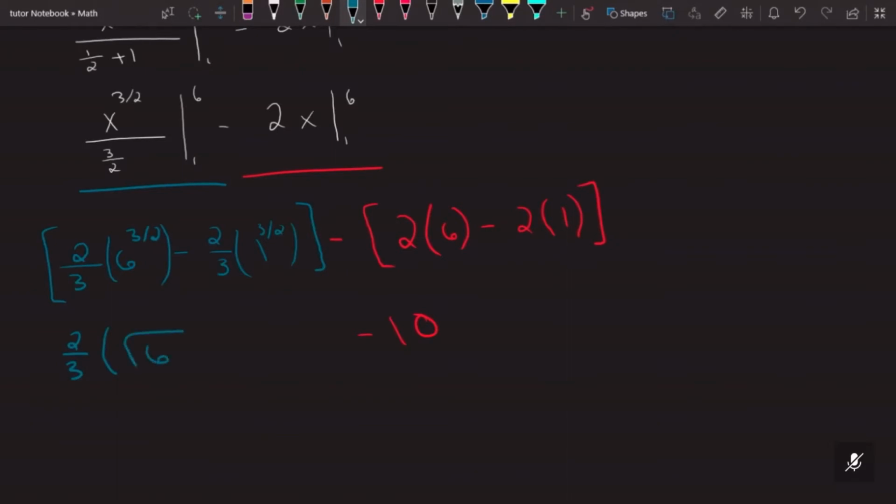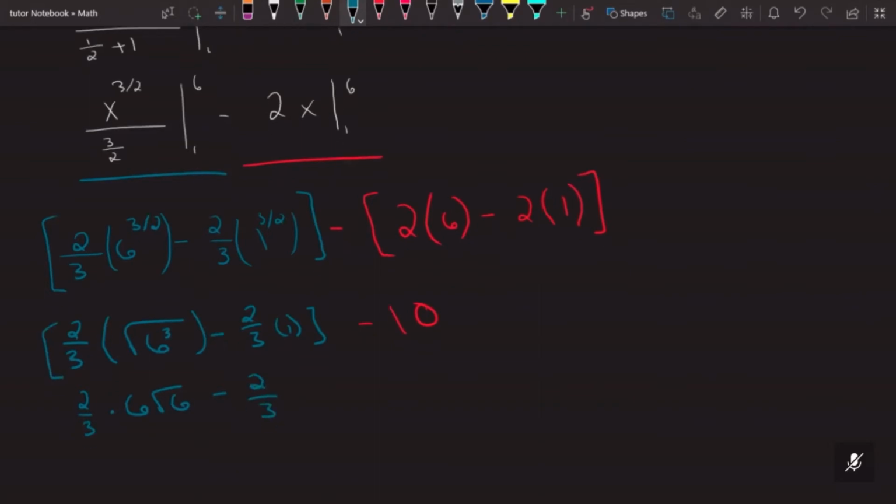So if we factor the 2/3 out of here and apply the square root to both of these, we will have 2/3 times the 6 times the square root of 6 minus 2/3 minus 10.